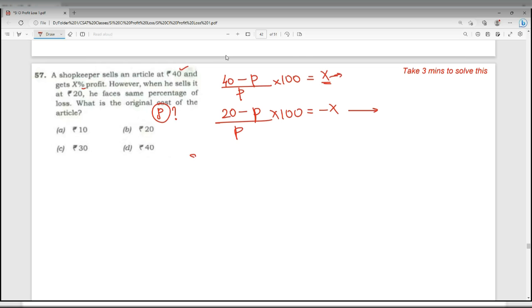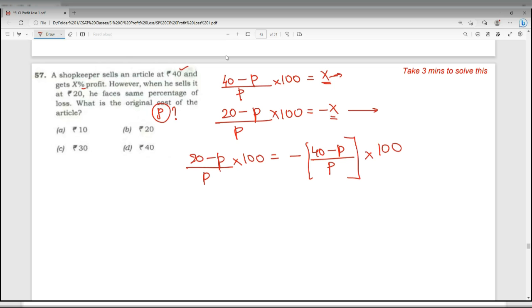So 20 minus P by P into 100 is equal to minus X, and X is 40 minus P by P into 100. I have just substituted it here. And this is 20 minus P upon P into 100.